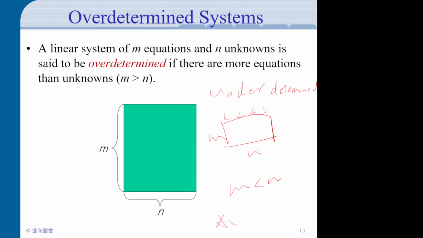So once again, Ax equal to b is not always consistent, but here we know something. We know they must be linearly dependent, okay? Because you have more vectors than dimension. So when you have solution, then you must have infinite number of solutions. Okay, so I should fix this underdetermined. Okay, so that's this thing.